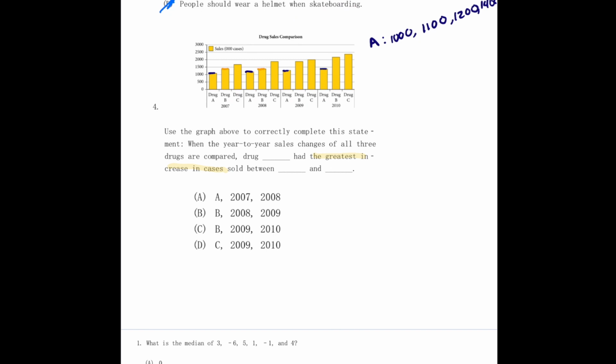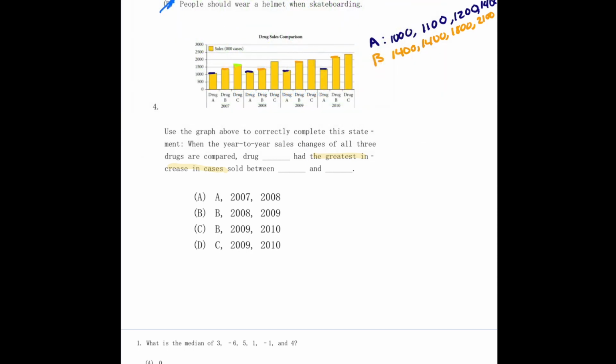If we look at drug B, that is going to start at 1,400, then it pops to 1,400, and then it goes to 1,800, and then to 2,100.